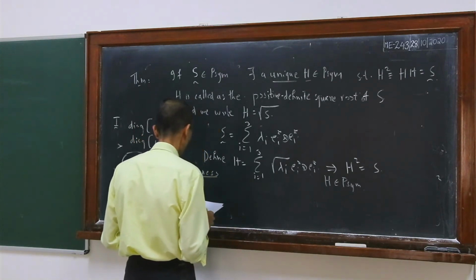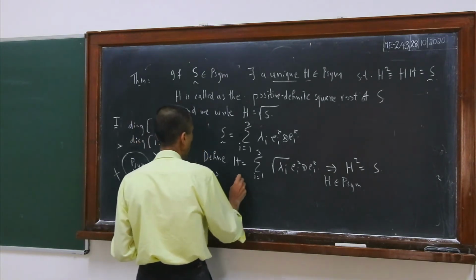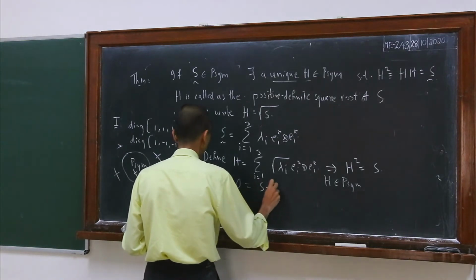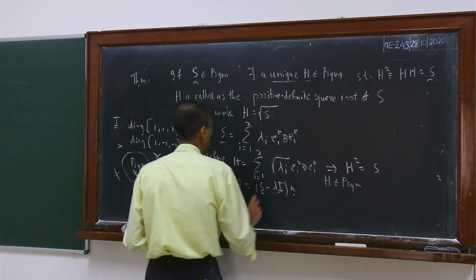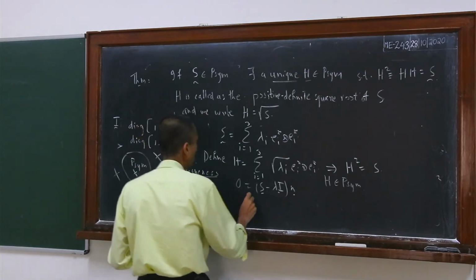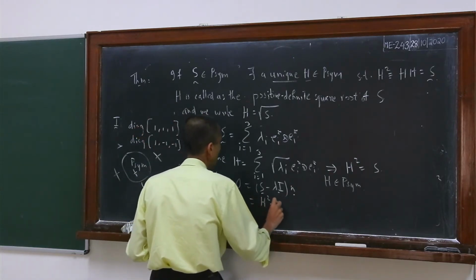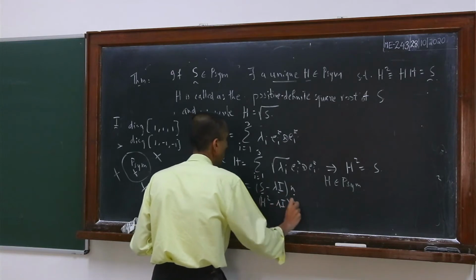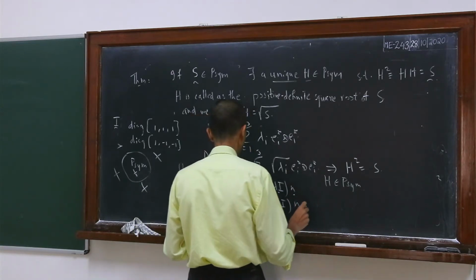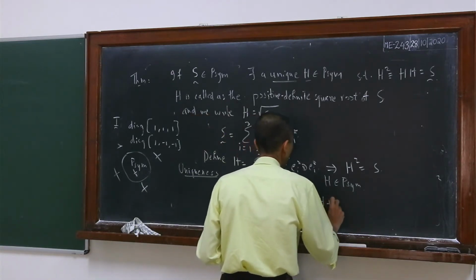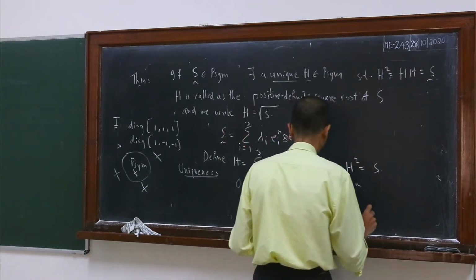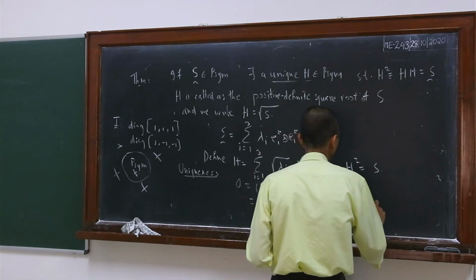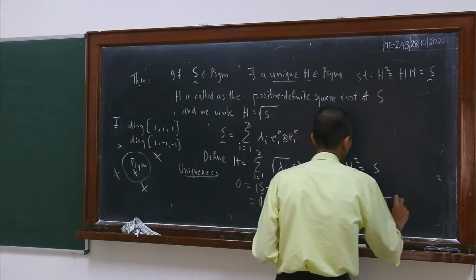Let me write the eigenvalue problem for S. I will write it as S minus lambda i times I, applied to n, which is equal to H square minus lambda i times I, which is equal to H plus square root of lambda i times I, times H minus square root of lambda i times I, applied to n.